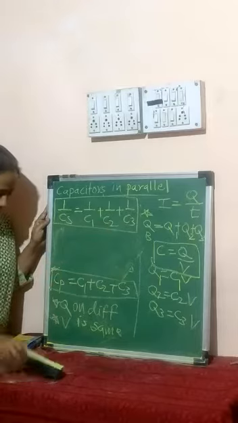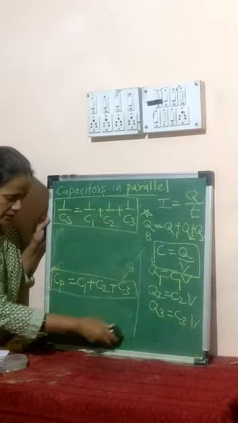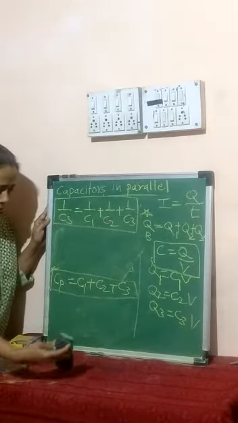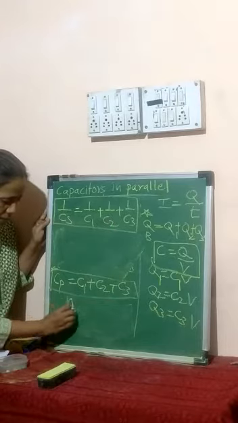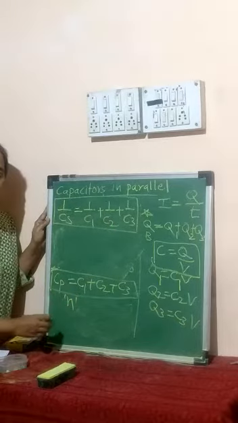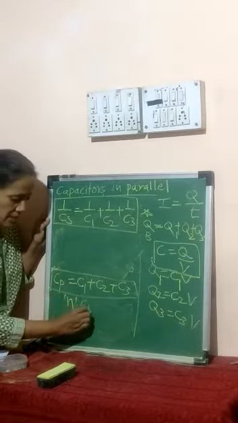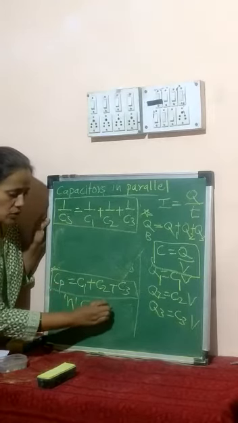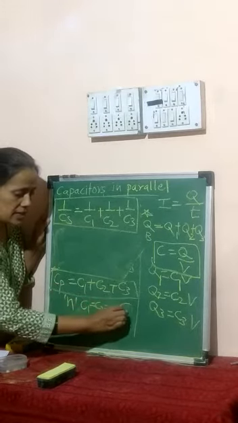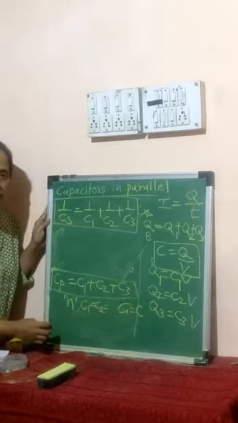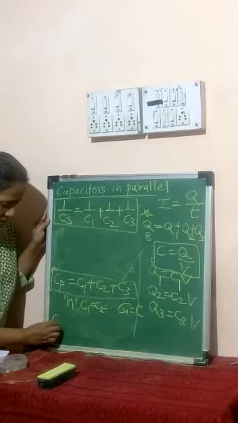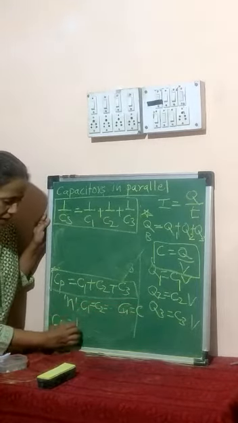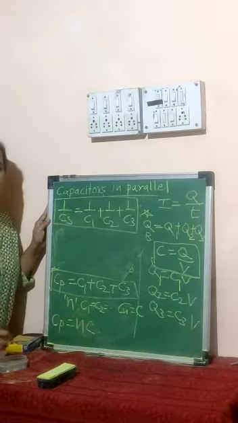Now for Cp and Cs: if I connect n capacitors where the value of each capacitor is the same, meaning C1 is equal to C2 up to Cn is equal to C, then Cp can be written as nC.